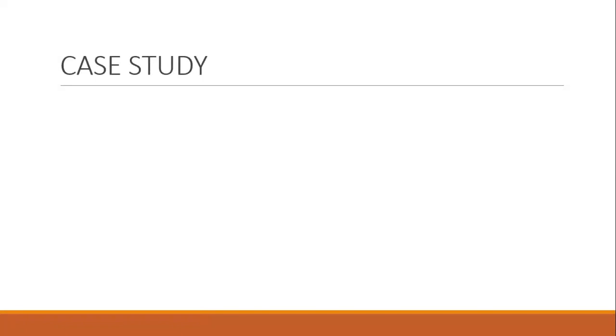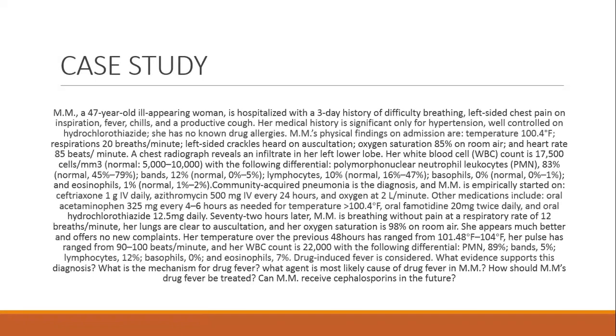We'll start with the case study. MM, a 47-year-old ill-appearing woman, is hospitalized with a 3-day history of difficulty breathing, left-sided chest pain on inspiration, fever, chills, and productive cough. Her medical history is significant only for hypertension, and she has no drug allergies.